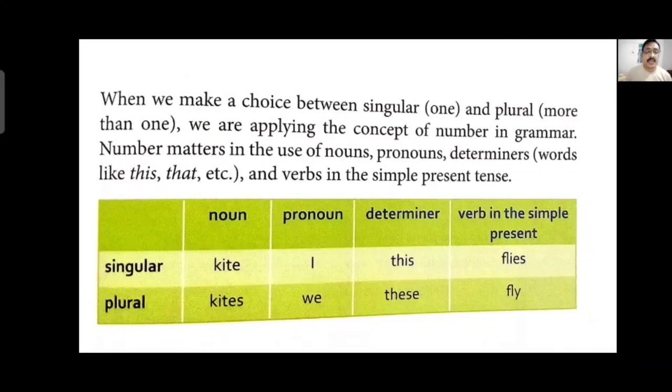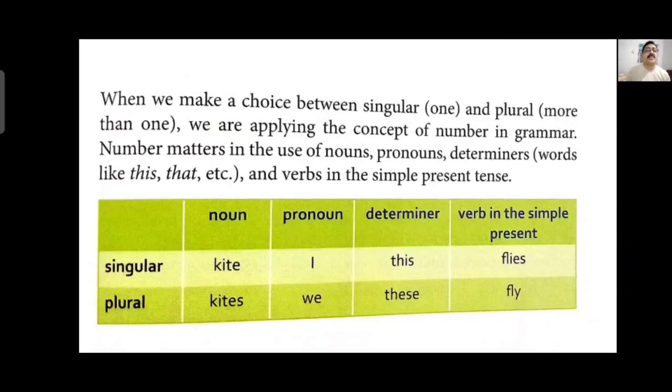When we are talking about a noun, we generally talk about the singular form of the noun as well as the plural form of the noun. Number matters in the use of noun, pronoun, or determiner like this and that; we see the verb, whether the verb is in present or past.